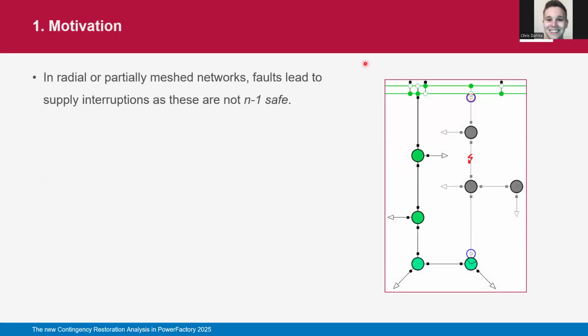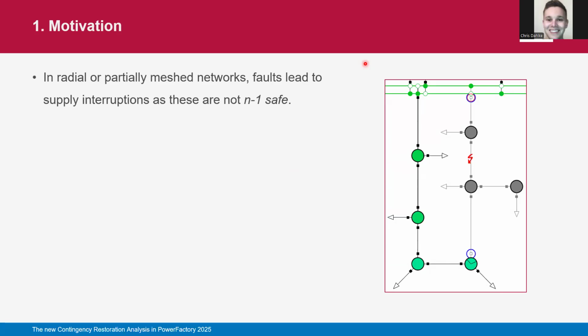So why did we develop this? Of course, we already have a contingency analysis, but that one was developed with meshed grids in mind. In meshed grids, when something fails and protection trips, you often have other ways to supply directly.